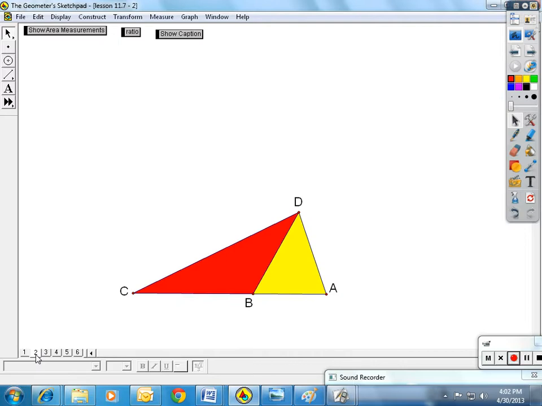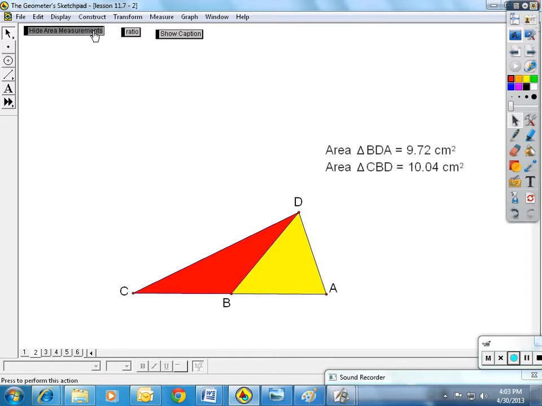I'm going to look at an example here. I've got a triangle, and looking at two triangles, the yellow triangle and the red triangle. All right, let's look at our measurements.